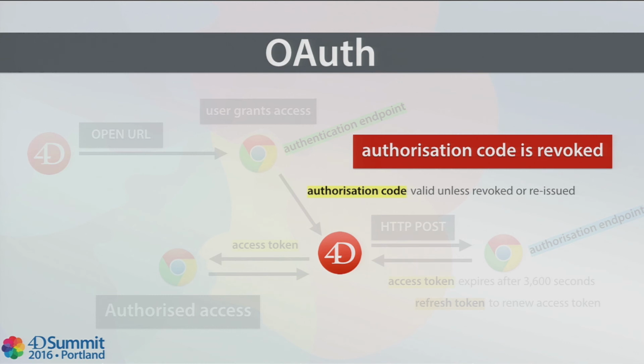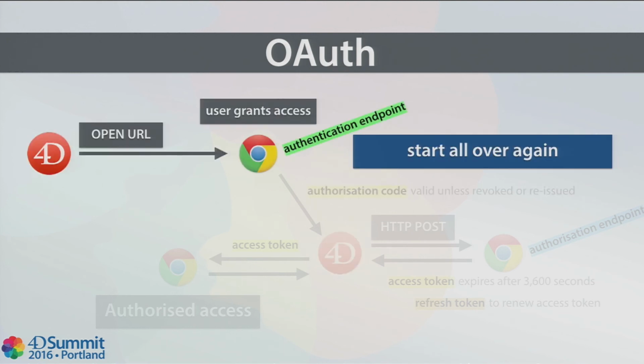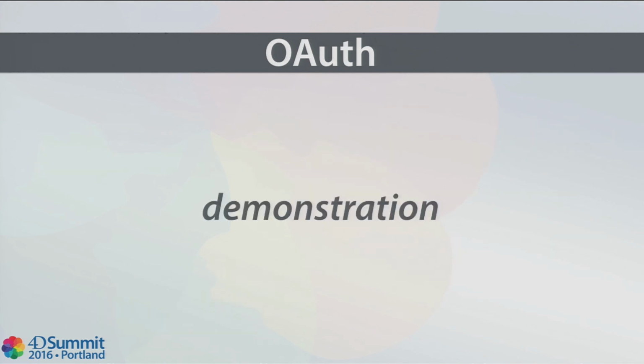This is where the technology is different from the traditional SSL. The user is not going to change their password or anything. They just revoke access. So the password is still valid for them and any other applications to which they've granted access. But for this particular application, that code is no longer valid. And when that happens, you start all over again from the beginning. You open a browser, you ask the user to grant access, and then it's the same thing.